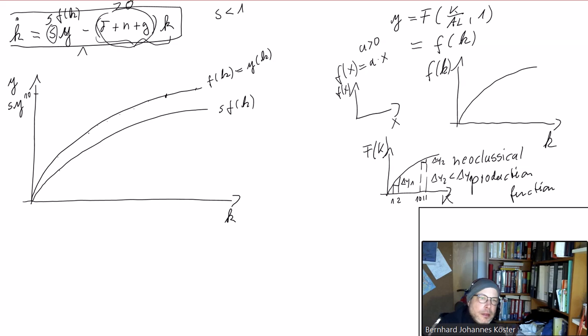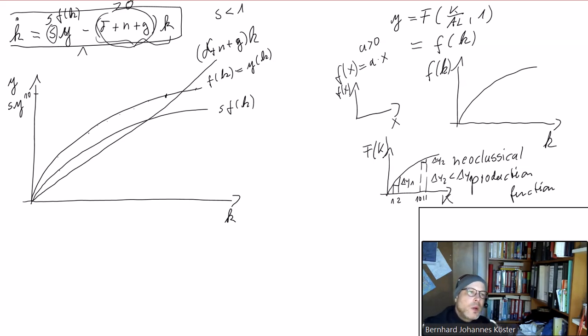This is, I think, school, class 7 or 8. This is a linear line passing through the origin with slope a. So let's draw this line. So this is n plus delta plus g times k.